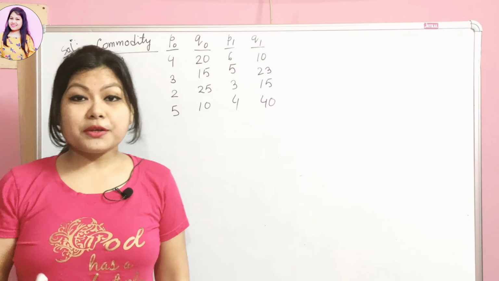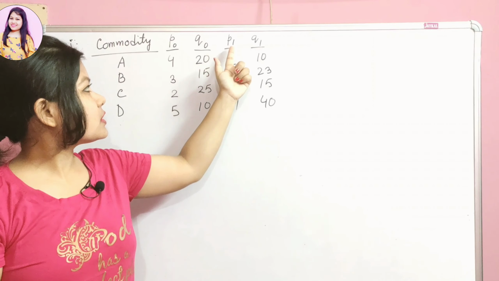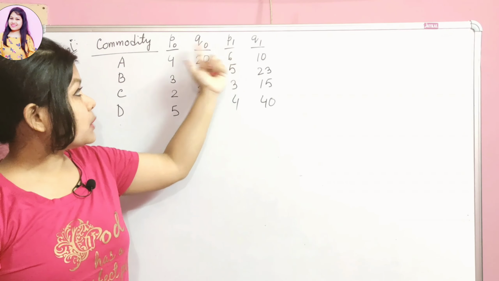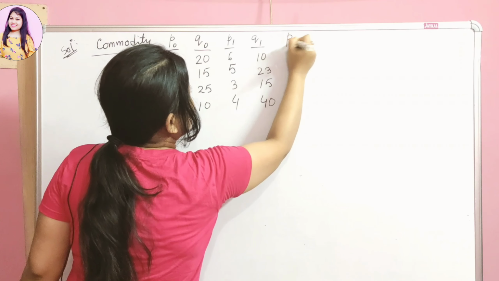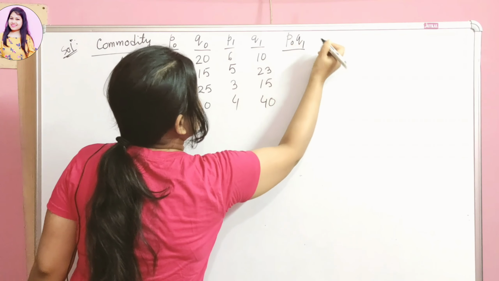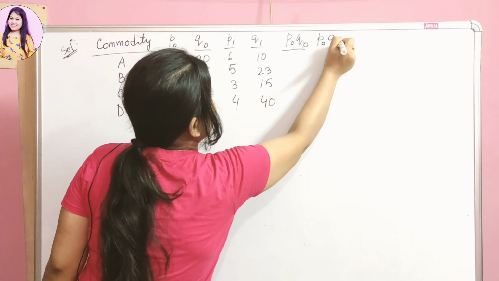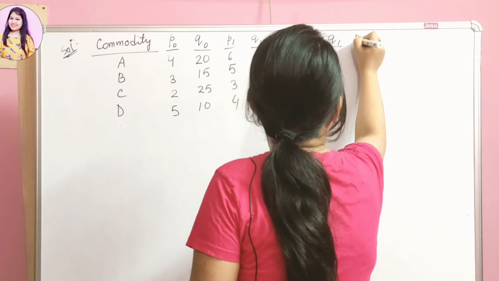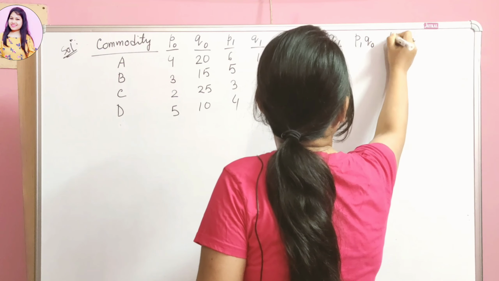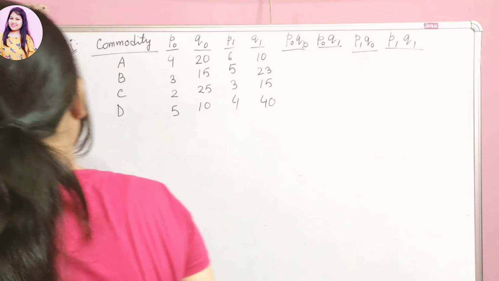So now we will find the products of P naught Q naught, P naught Q1, P1 Q naught and P1 Q1.